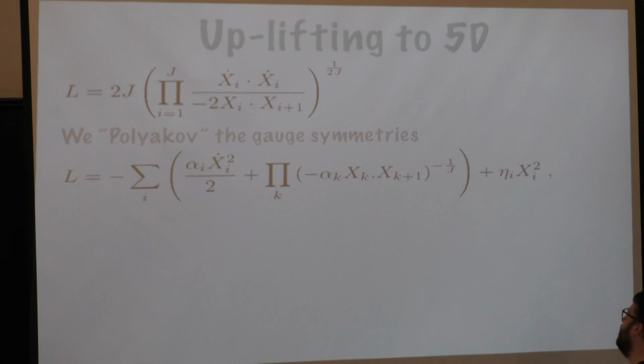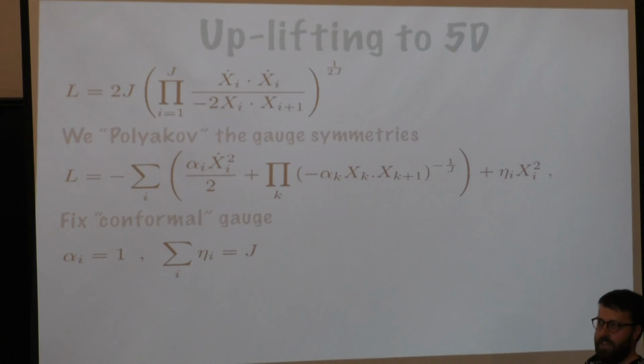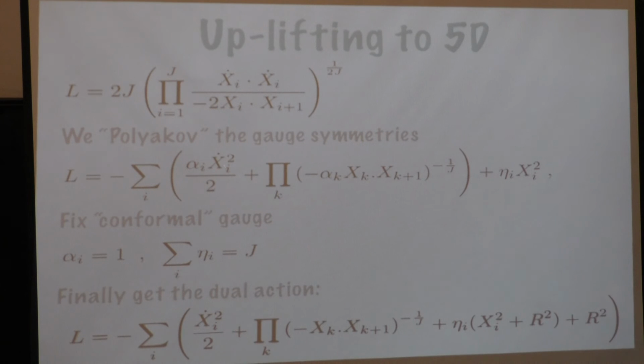But we can also take advantage and fix the gauge in analogy with Polyakov, right? We can set all alphas to 1. And after that, we get this action, you see? And now what is nice is that the kinetic term becomes really disentangled. It's very nice.